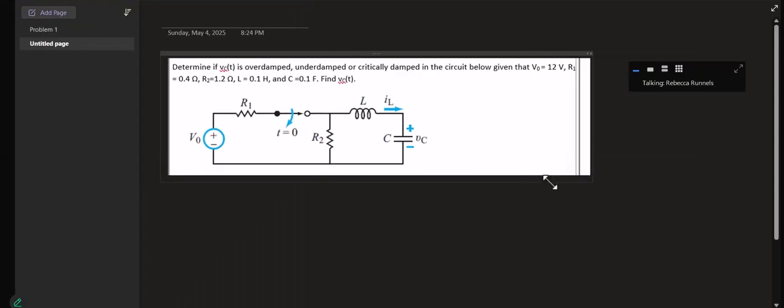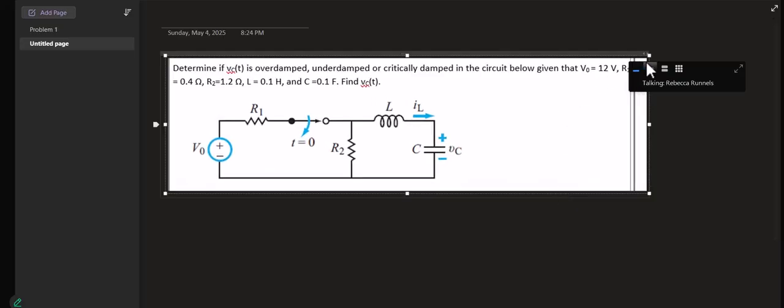For this one, it says to determine if VC of t is overdamped, underdamped, or critically damped, given the following values, and then also to find VC of t.